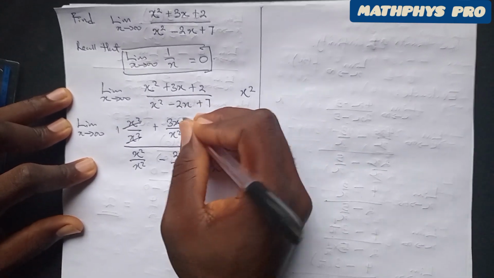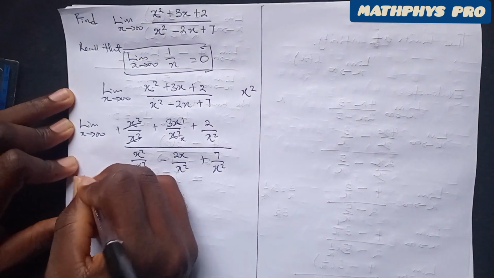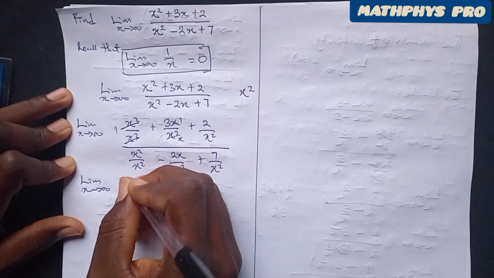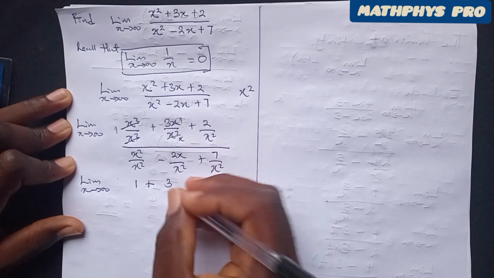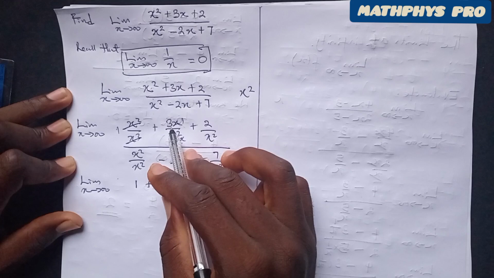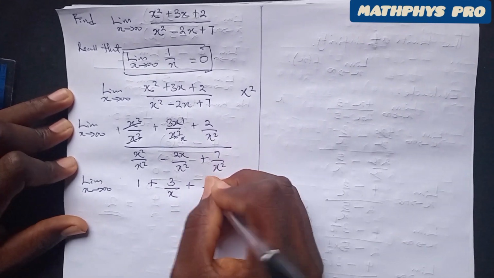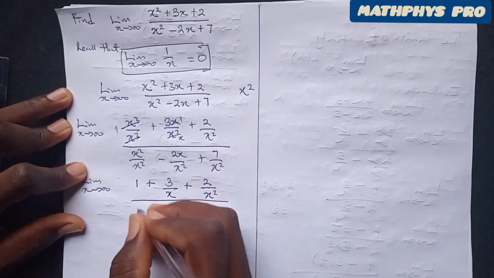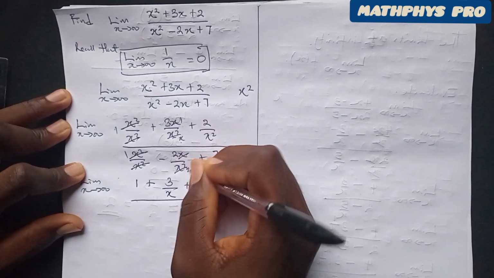For the numerator, we have 1 plus 3 over x, only one x remains because the other cancelled, plus 2 over x squared.